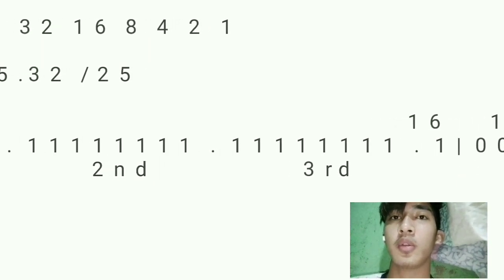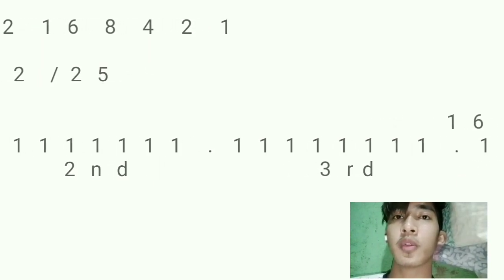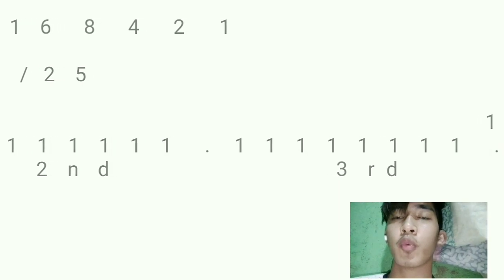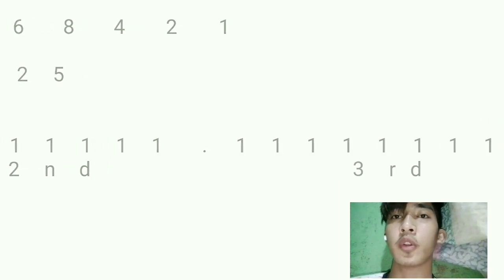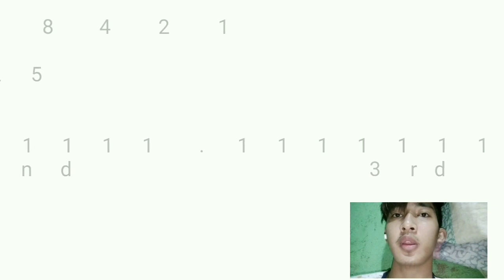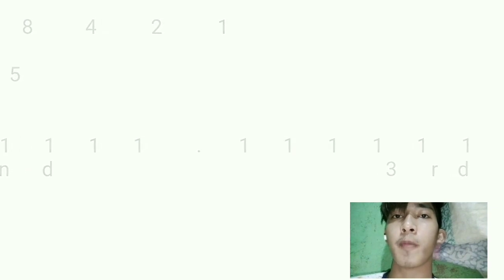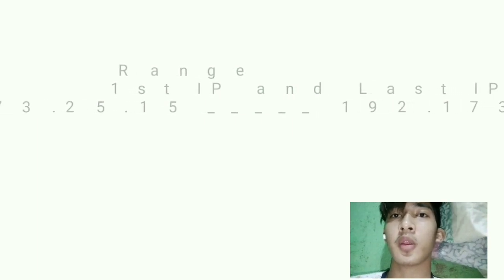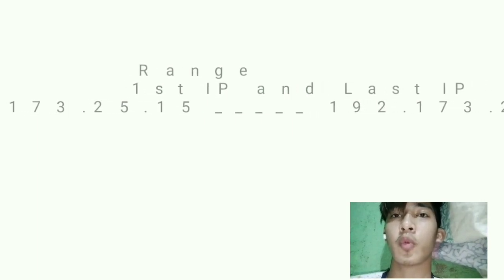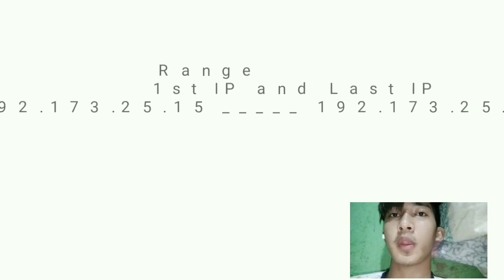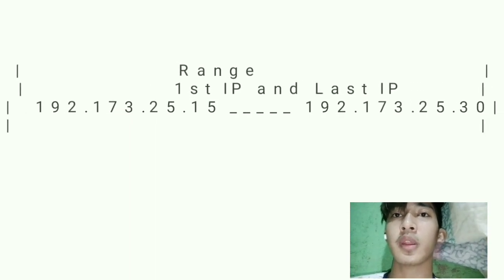The second is 192.173.25.32. The range IP, first IP and last IP: 192.173.25.15, the last 16.